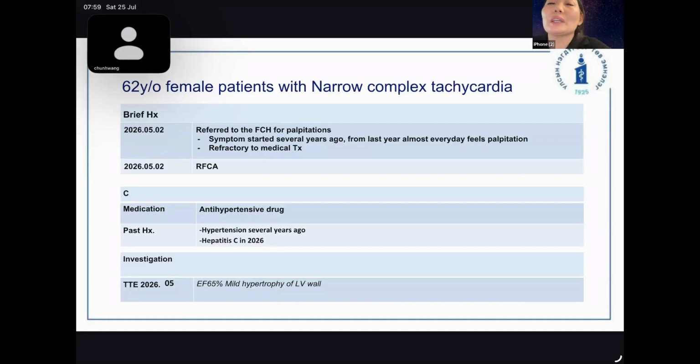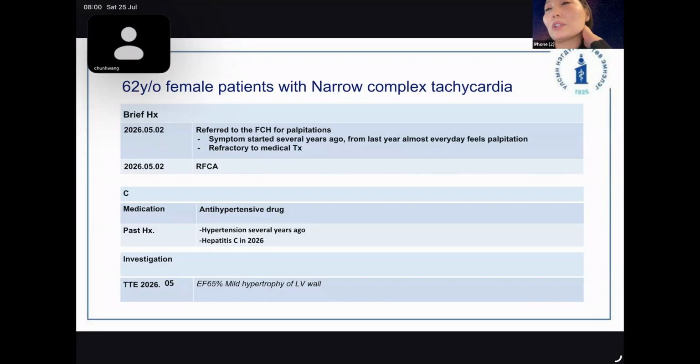Then she came again to our emergency department due to palpitation in May. At that time, we planned to do ablation therapy. She was diagnosed with hypertension several years ago and was taking an antihypertensive drug. When we performed the transthoracic echocardiography, she had mild hypertrophy of the left ventricular wall.